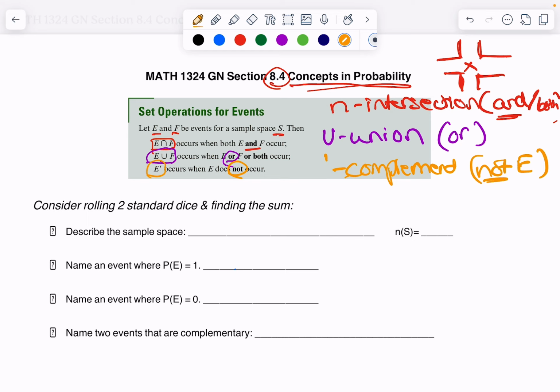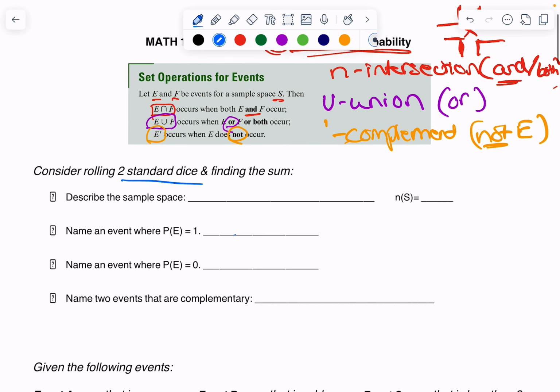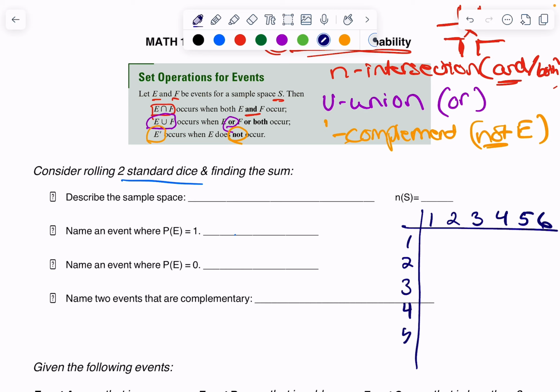Okay, let's look at rolling two standard dice and finding the sum. If we think about two dice here, we've got numbers 1 through 6 on either one of them or both of them.